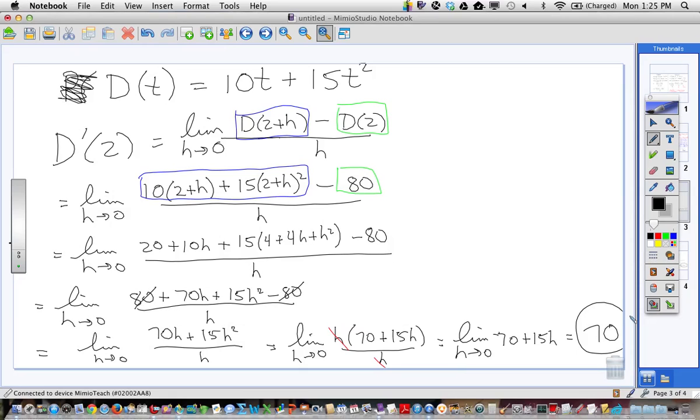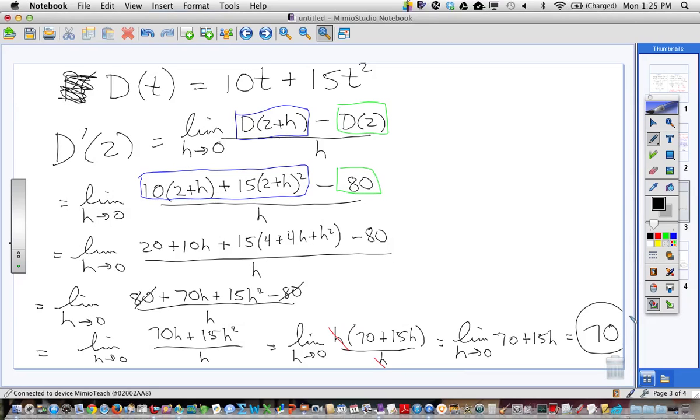Okay? Number 6. I want to talk about this real quick, and then I'll tell you which ones you need the long way. Number 6 says, find the equation of the tangent line that's tangent to the curve y equals 10t plus 15t squared. Well, that looks familiar. At the point (2, 80). Okay, equation of a tangent line. What do you need for that? Slope.